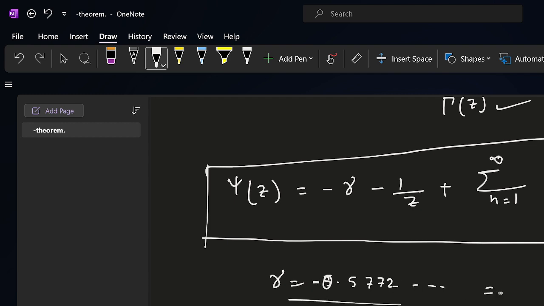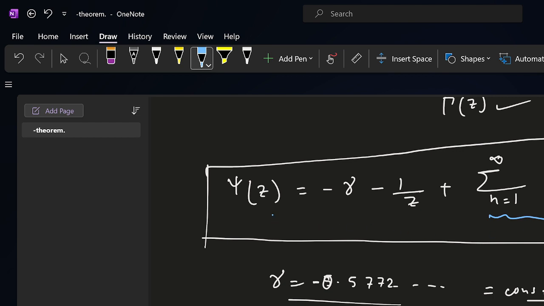So this is a constant value that you do not need to bother about. But what you do need to observe is that you have exactly a term where there is a summation up to infinity on discrete numbers n, all integers from 1 to infinity, in a closed format, 1 by n minus 1 by n plus z, and that is exactly related to our digamma function's value.